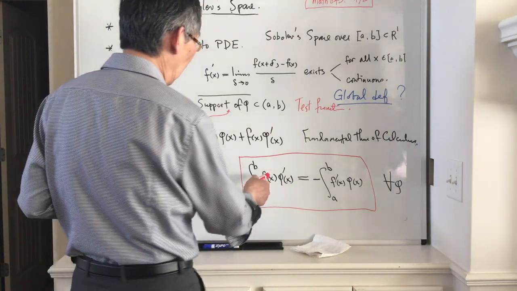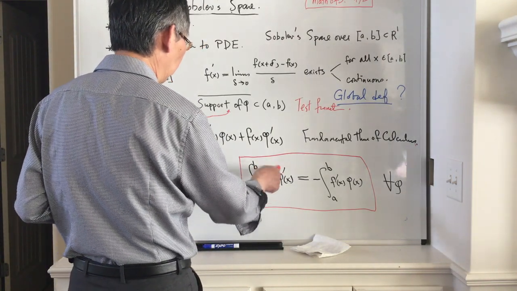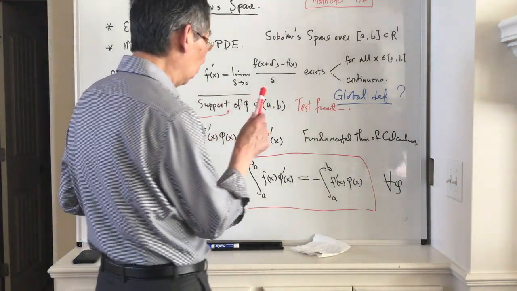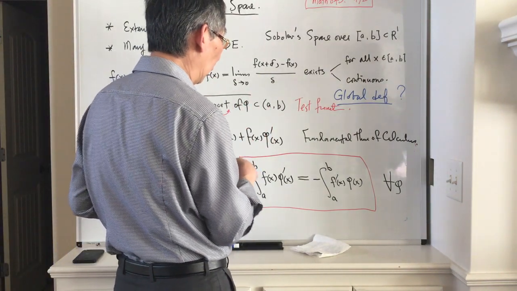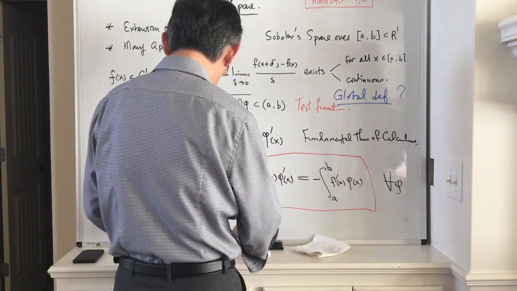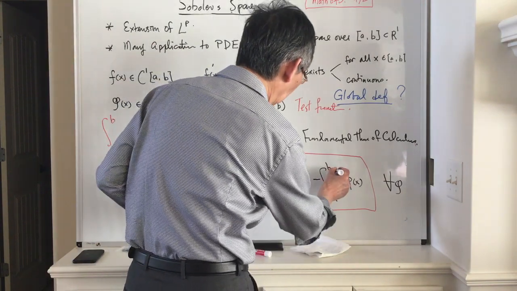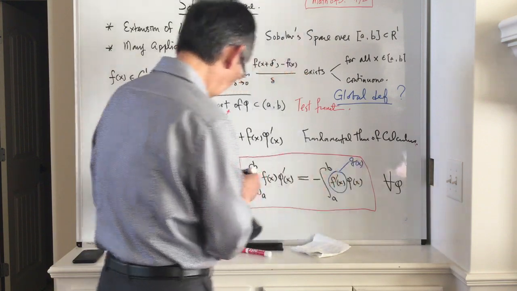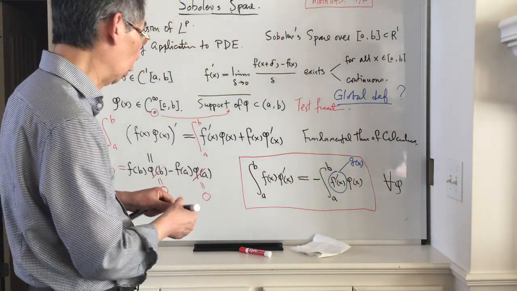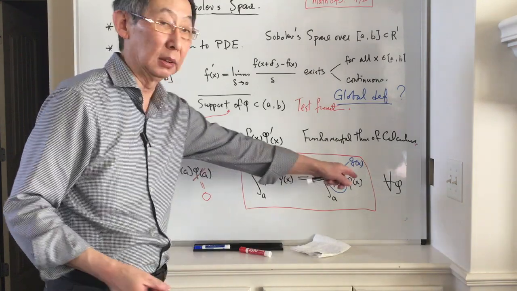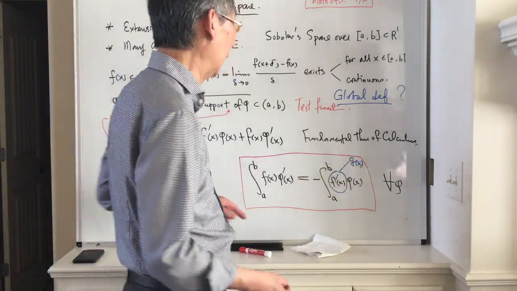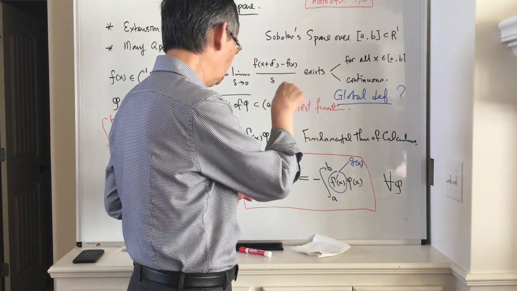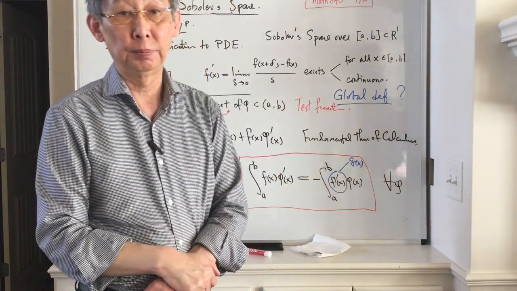Suppose you have an f sitting here, and suppose there is another function in place of this guy, maybe I call it g. Suppose I have another function g which is continuous, and makes this hold for every φ. Then this g can be considered as the global derivative of f prime.